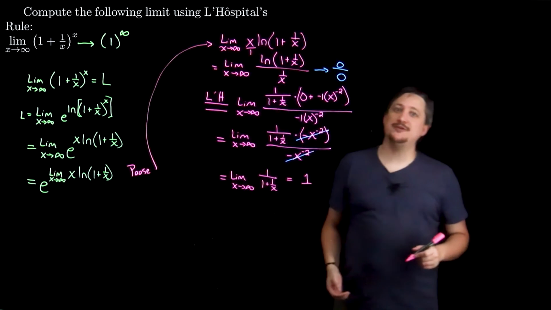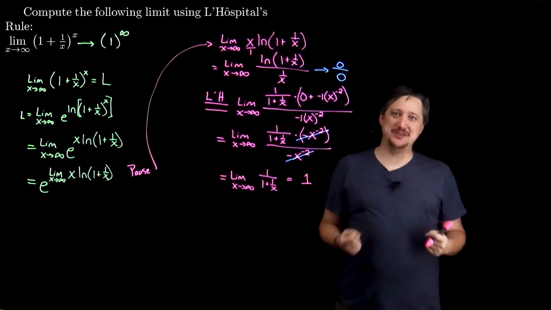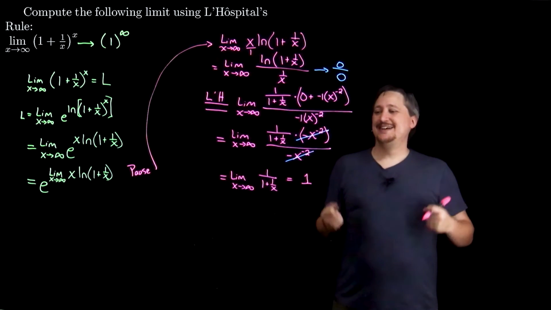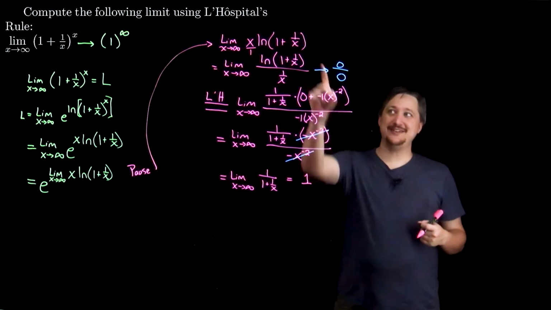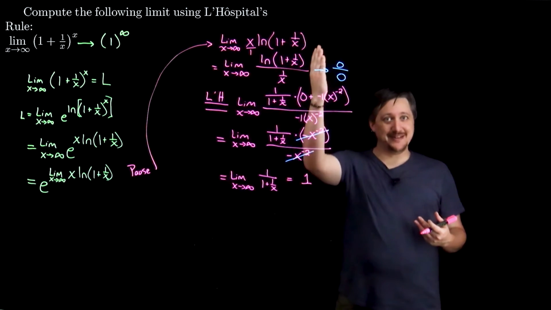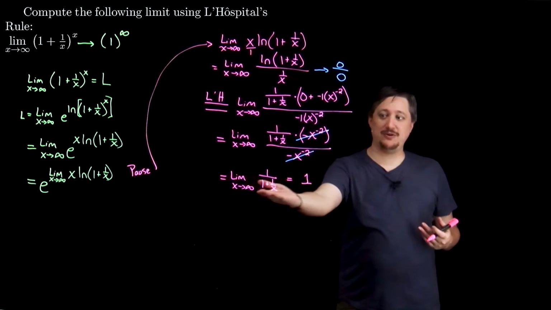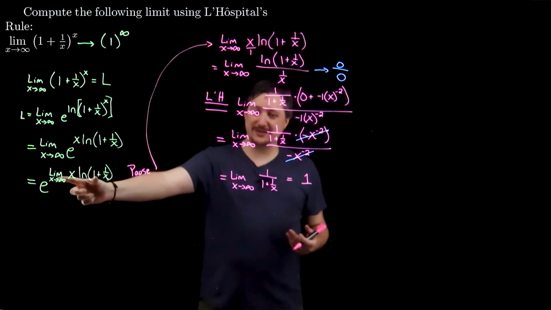Now here's where most people get right to the finish line and then slip on the banana peel. So we want to make sure that we remember this is not the end. This was admittedly most of the work, but I'm not done yet. I've gotten all the way down to here, but this is this limit.